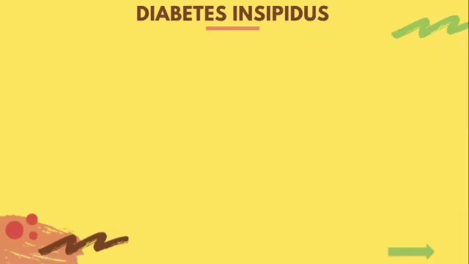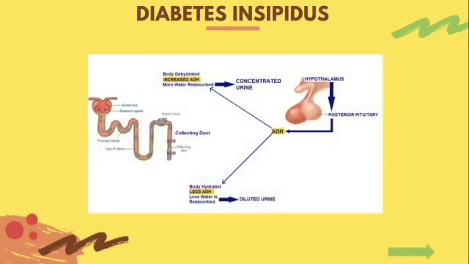Under normal conditions, the collecting tubule is impermeable to water with the help of ADH. However, in patients with diabetes insipidus, defects in the AVPR2 and AQP2 genes inhibit the binding of ADH to its receptors. Thus, the luminal membrane of the collecting duct will be rendered impermeable to ADH action, resulting in increased excretion of dilute urine.